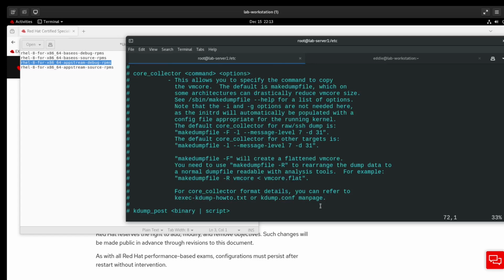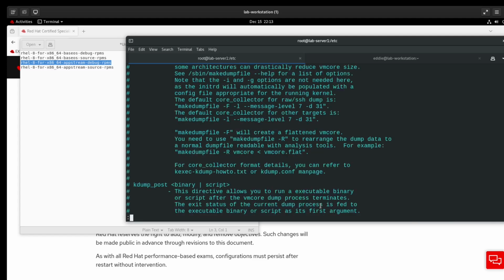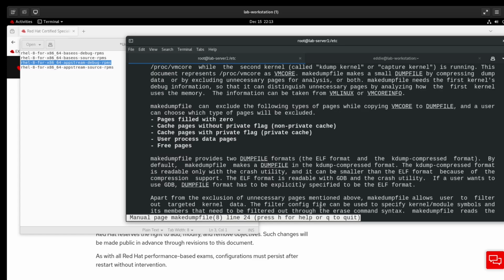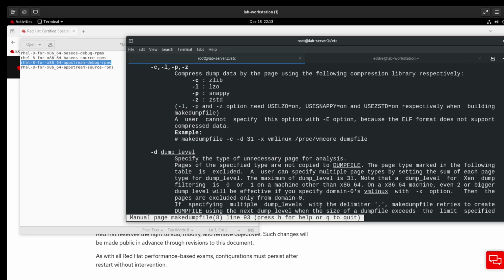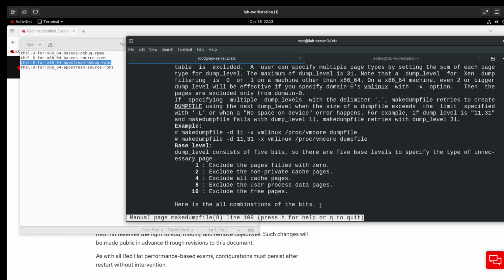Message level, and well, let's just look at it from the actual man page. Basically, it shows you can alter the amount of stuff that is included with your dump file. And these are inverse of one another. I'm not exactly sure why. I'm sure there's people far brighter than me that write stuff for the kernel that would probably expand forever as to why. But for the dump level, that will show the different types of memory pages that are there.